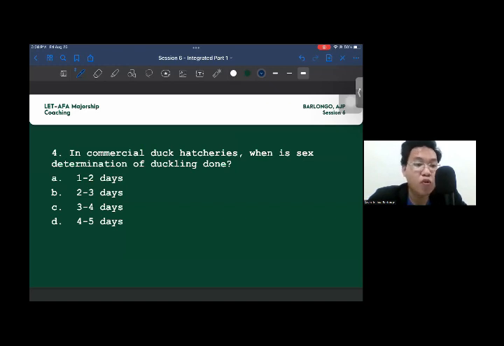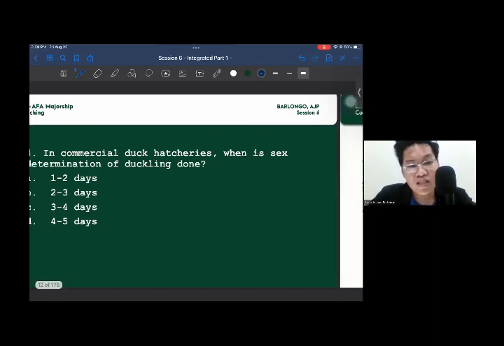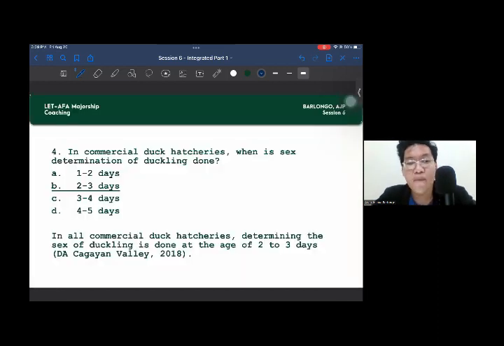So these are types of questions we need to be familiarized with, most especially since we are in the AFA major, which means there could be trivia or technical questions that can appear in your LET. So for this item, the answer is letter B, which is 2 to 3 days.